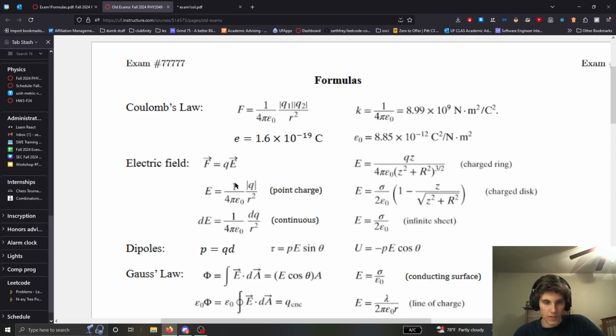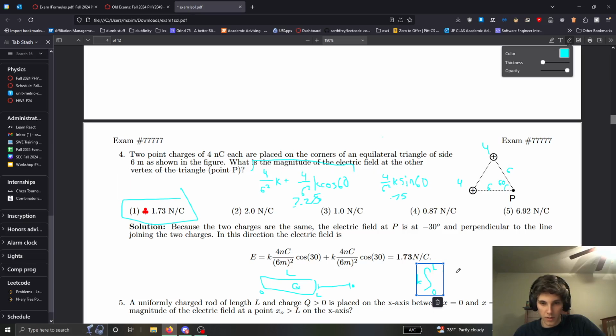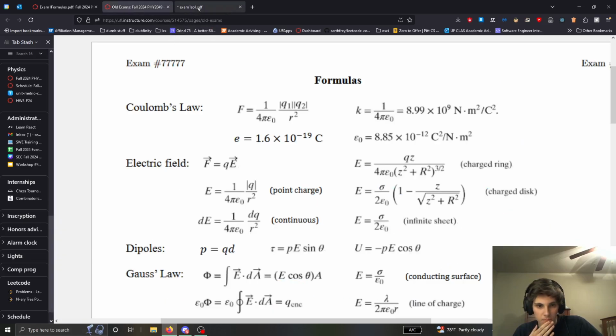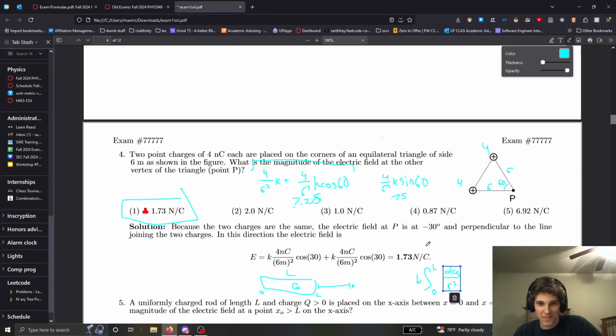So here it says dq over r squared. That's a good starting point. Let's go there. dq over r squared. What the heck is d? Okay, no, sorry. dq is just a small portion of charge, right?